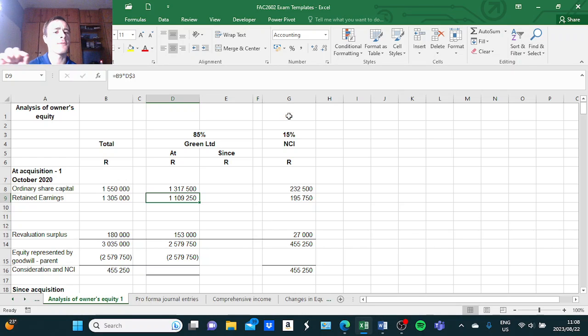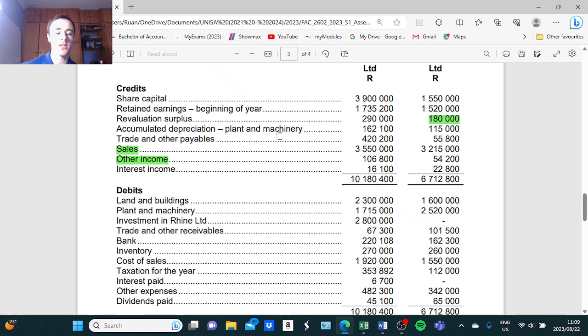And I want you to focus on the NCI column, because remember that the question has asked us to calculate the opening balance for NCI, and then they have indicated a variable for the unrealized profit in opening inventory. We'll get to that. And then we just need to enter the amount of consideration that was received from the parent for its investment or its share in the subsidiary's equity.